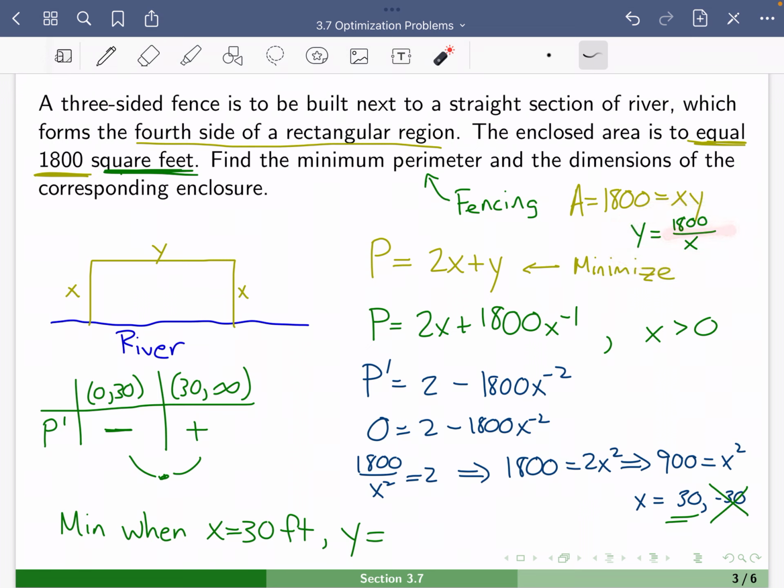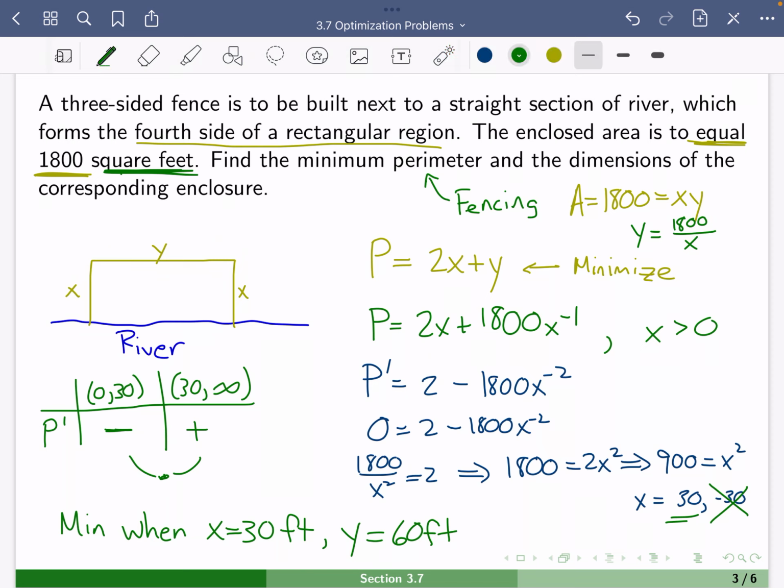So 1,800 divided by 30 will give us 60. And so we have a minimum. We minimize the amount of fencing needed when we make those two sides here equal to 30 and this side here equal to 60.